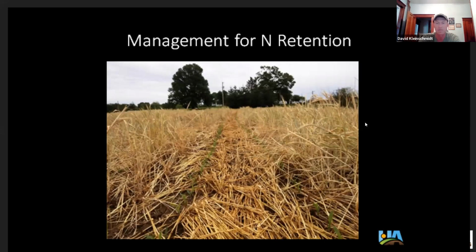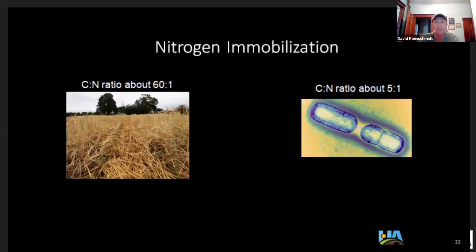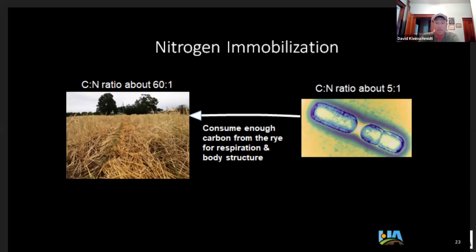So what ends up happening is we've got a lot of bacteria in there that have a 5-1, maybe a 3-1 carbon to nitrogen ratio. And we've got a lot of carbon there, but not a lot of nitrogen to help break that process down and mineralize it out. So we end up with a lot of this nitrogen just tied up in the bodies of those bacteria as well.